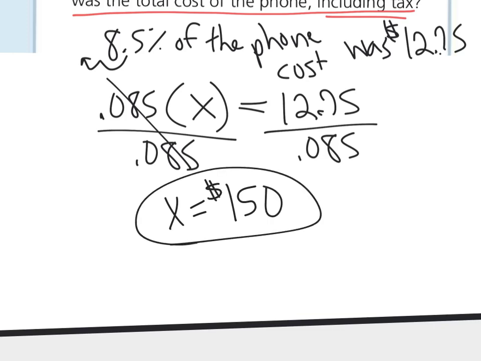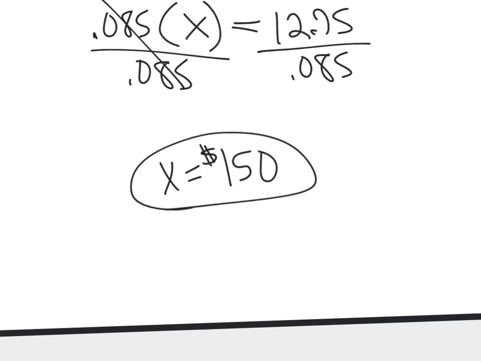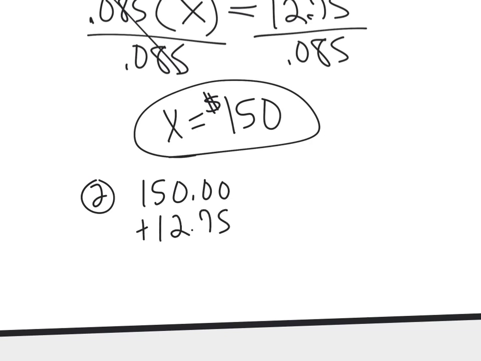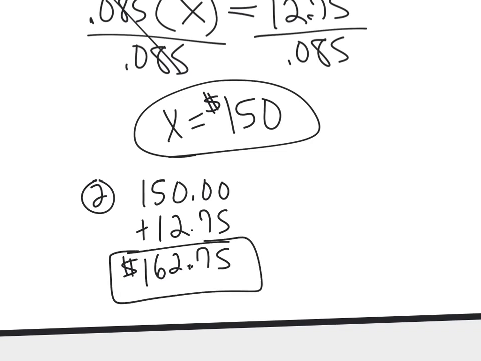That's not our final answer yet. That is just going to be the cost of the phone. So our next step, $150 plus $12.75 for the tax would be $162.75.